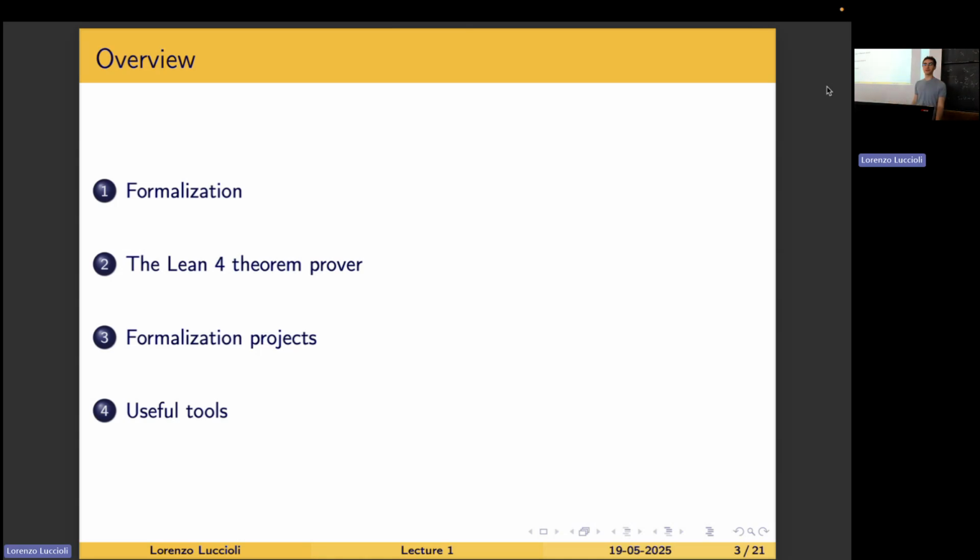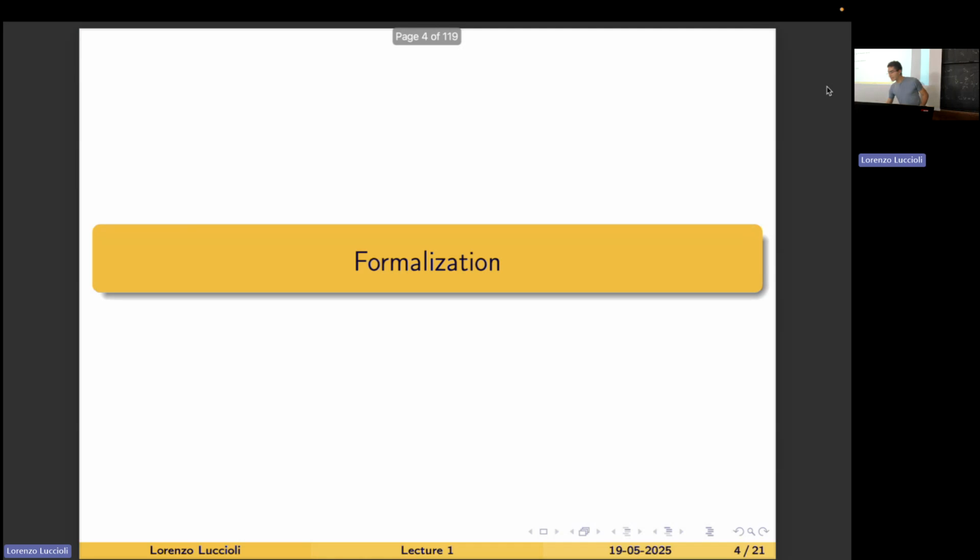And then we're going to see a few examples of formalization projects, usually collaborative formalization projects, which are large scale and involve many mathematicians in the whole world. And the last part will be dedicated to a few tools which can be useful while you do stuff in Lean. So let's start with formalization.